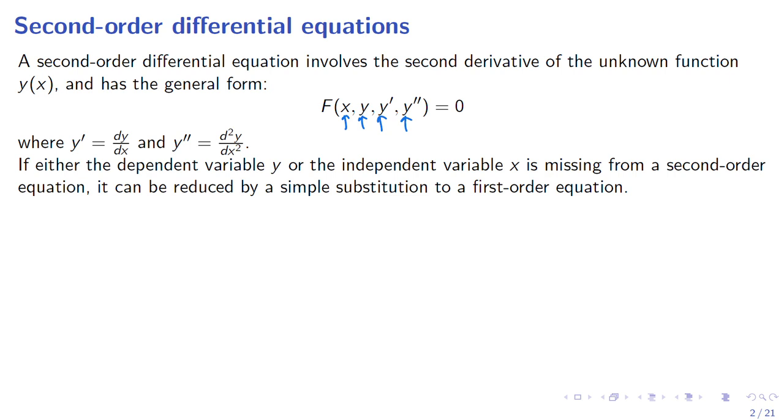And we will be able to simplify a second order differential equation whenever the dependent variable y or the independent variable x is missing from it. Then we can reduce it by a simple substitution to a first order equation. I will tell you how we are going to do that real quick, but I'm not going to put a lot of effort on this because we're going to learn about how to solve second order ODEs later on in this course.